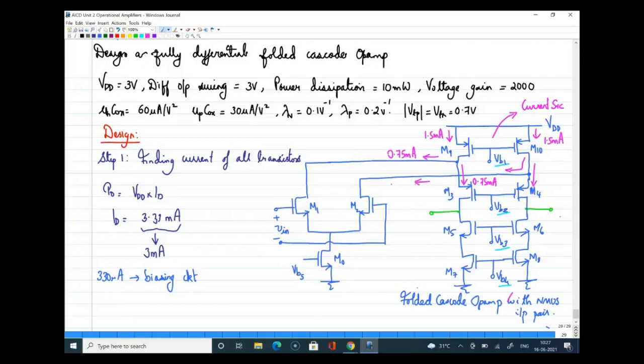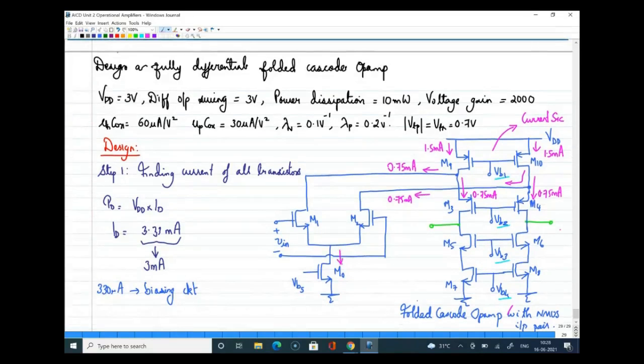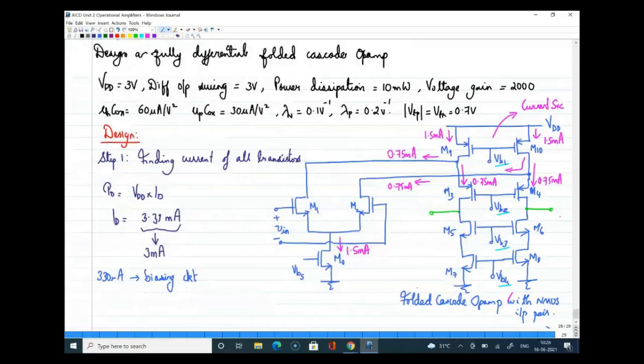Similarly, this will also carry 0.75 milliamps and this branch will carry 0.75 milliamps. All right. So with this, I can assign current through all the transistors, with 0.75 through M1 and M2, and M10 is also carrying equal current, which is 1.5 milliamps. All right. Any questions on how we have divided this current?